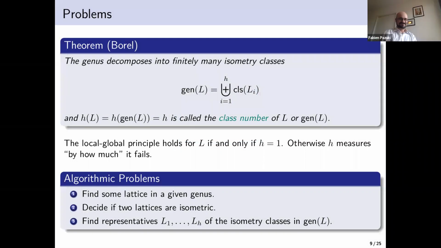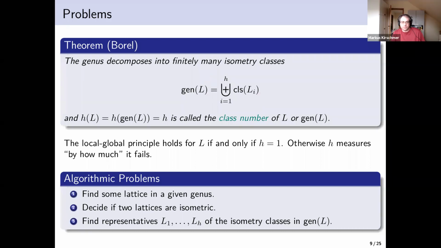Thank you. So again, just like if you want to look at the class group, or the ideal class monoid, you want to measure how far you're away from having a local-global principle. So now, once you know that the genus decomposes into finitely many isometry classes, of course, this immediately yields a few algorithmic problems.